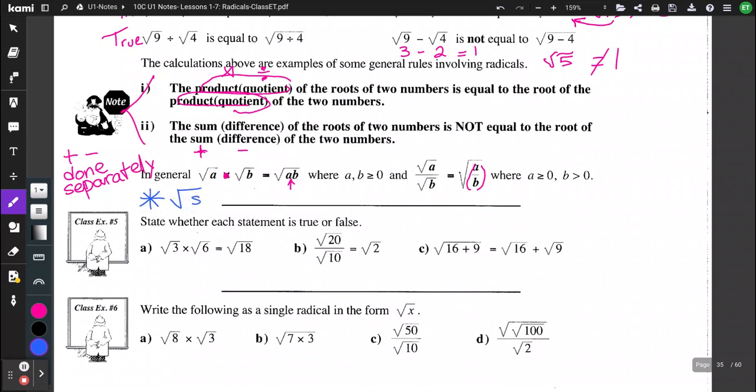So, radical signs behave like brackets in BEDMAS. So they are solved first.